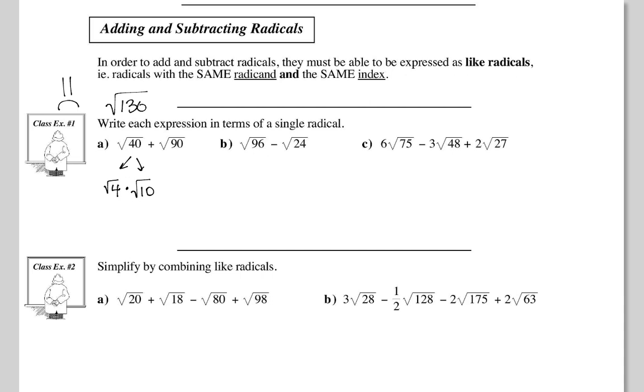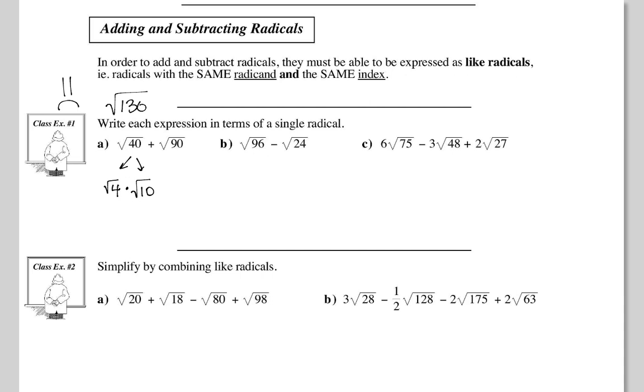Why don't I use 8 times 5? Because they're not what? Not perfect squares. So when you go to simplify these radicals, you have to factor into perfect squares.